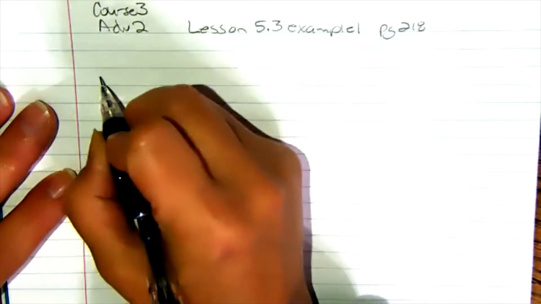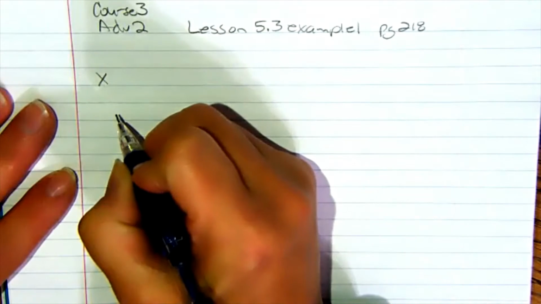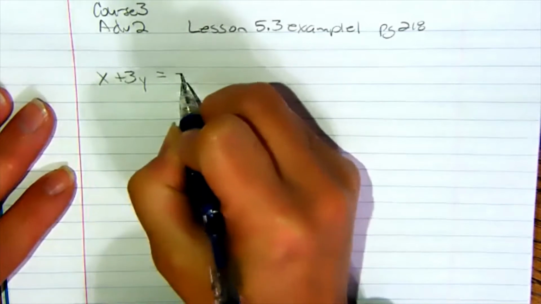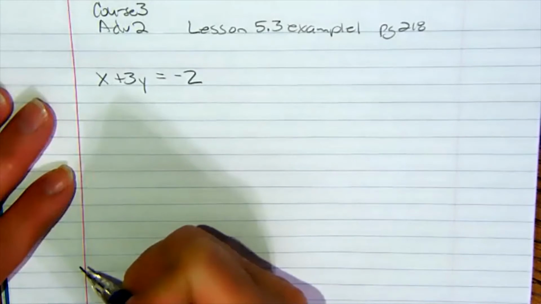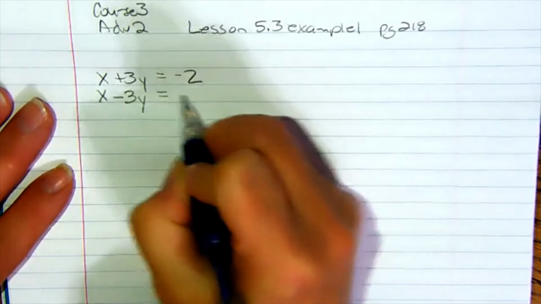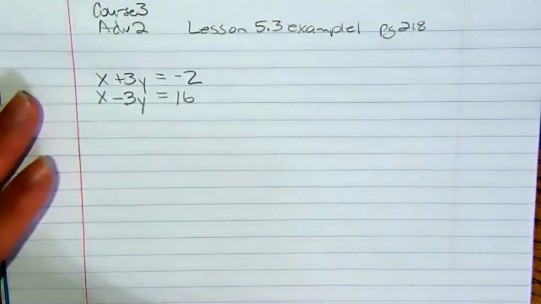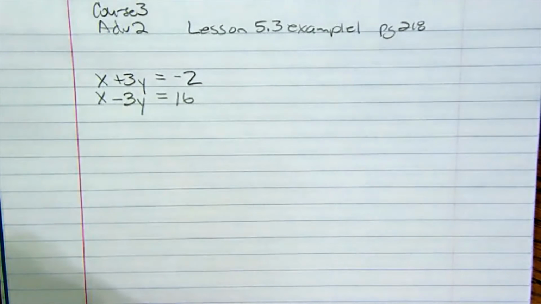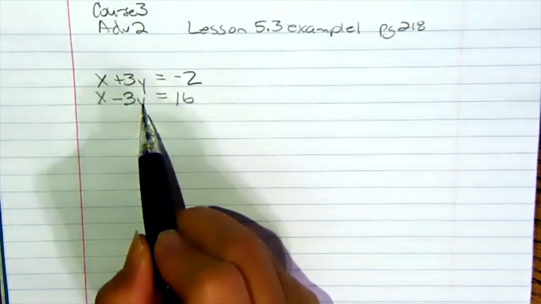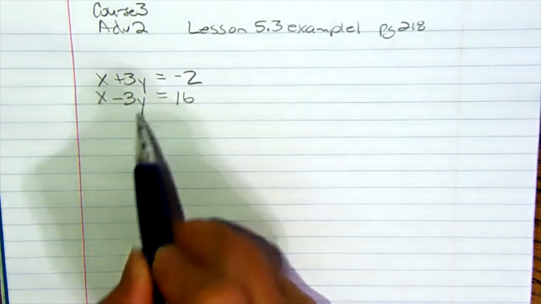So the book will give us a system of equations that looks like this. X plus 3y equals -2. X minus 3y equals 16. Okay, when I look at this system, I see a positive 3y and a negative 3y.